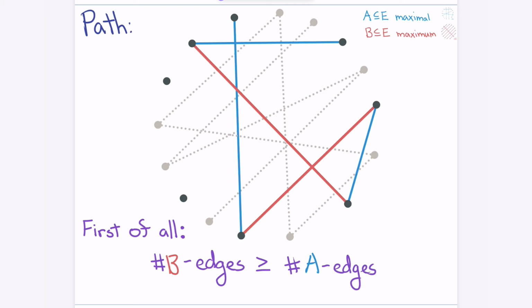If it was not this case and you had more blue than red, how can I find a contradiction with red being maximum? So this goes blue, red, blue, red, blue. I claim if this showed up, then red wouldn't be the maximum.